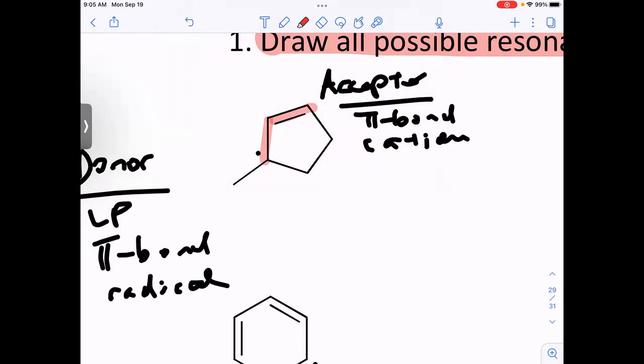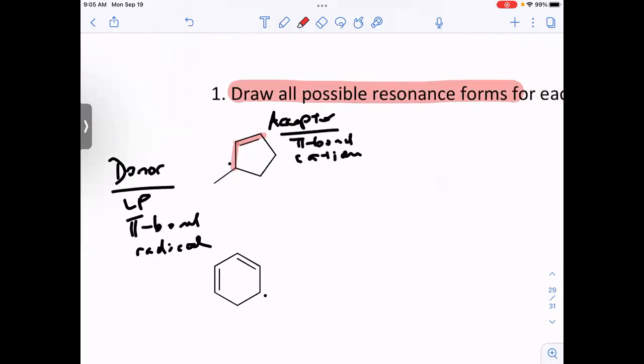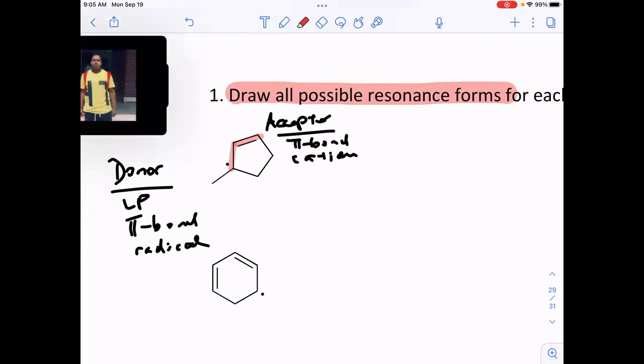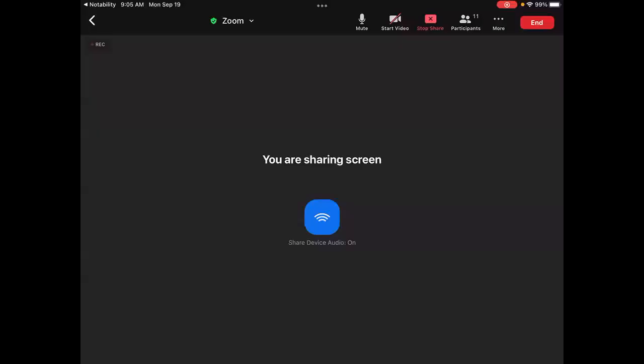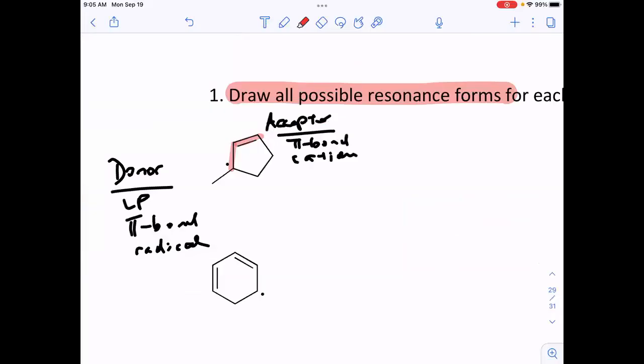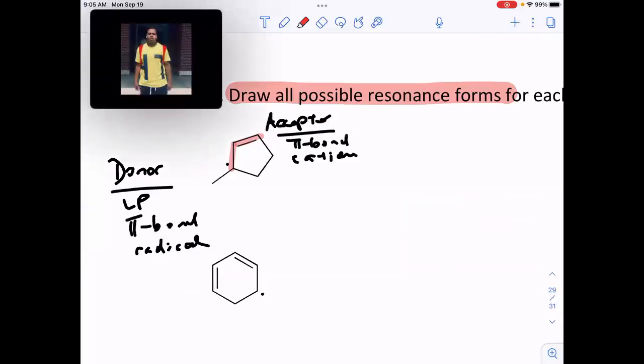The way you would rearrange this is just like we did the other day. So can somebody, let me see, 11 people now. Can somebody annotate the screen and show me how you would rearrange this?